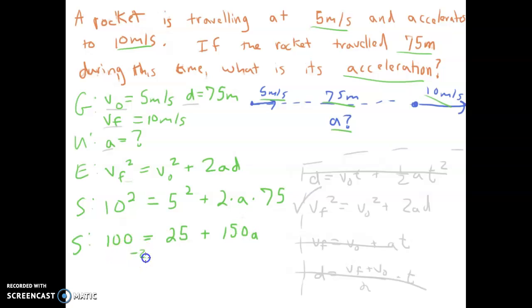Subtract 25. That's 75 equals 150A. And divide by 150. We get 0.5. And if we add units back in, it's meters per second squared.